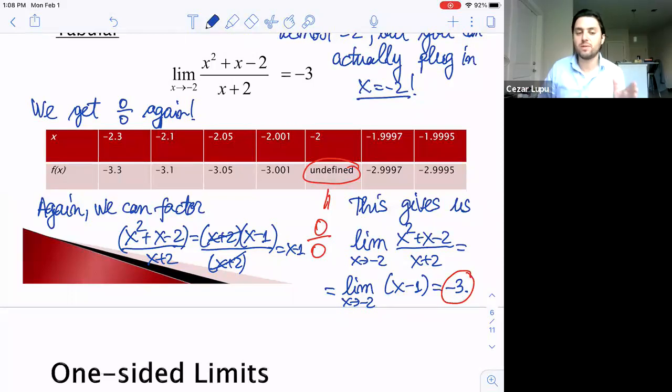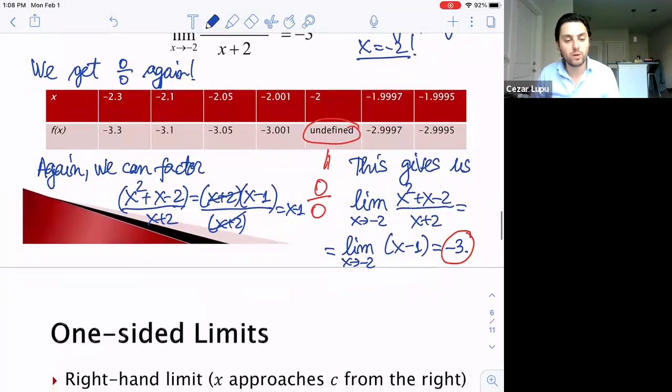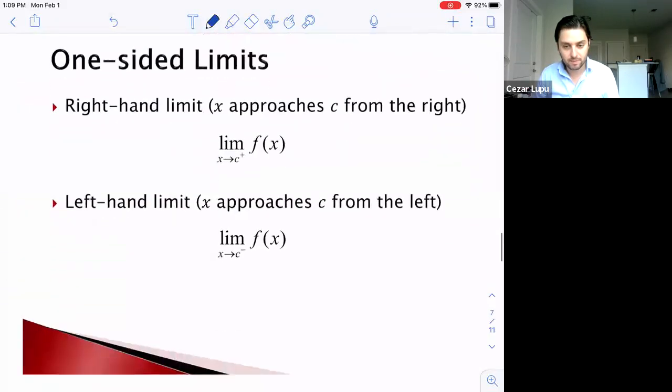This is what we say when we say we went on the left. And when we say to the right, we refer to the values which are greater than -2. And this will play an important role when we define what we call the one-sided limits.